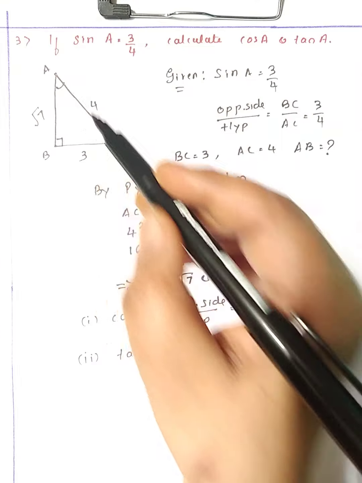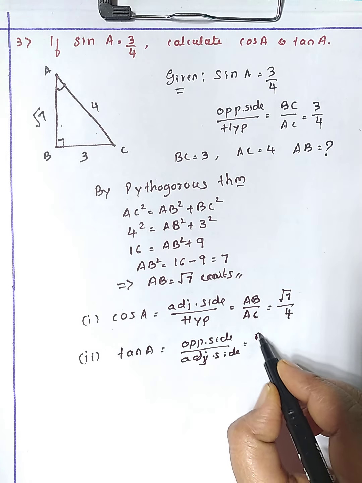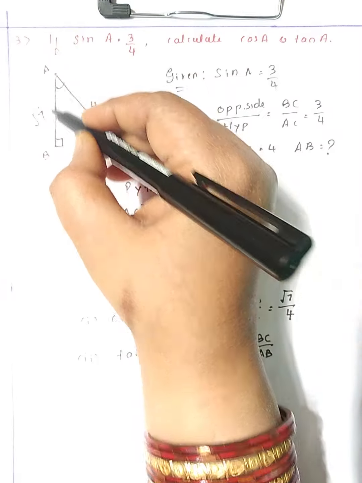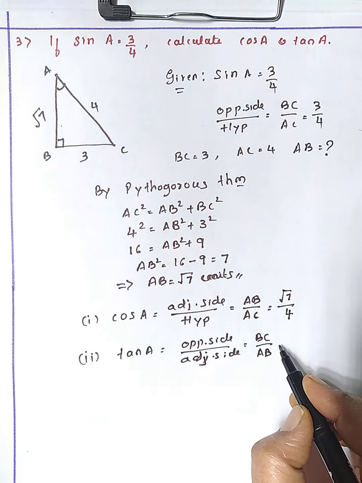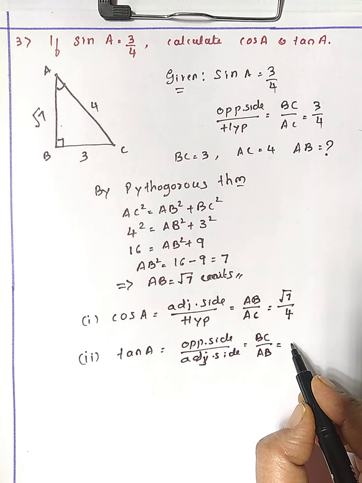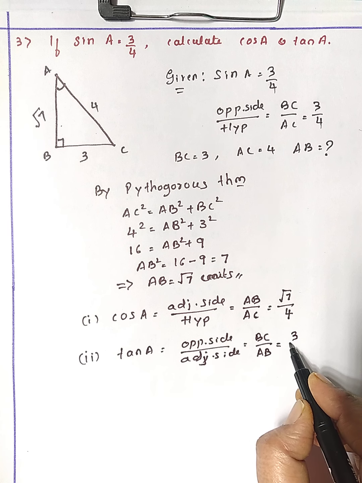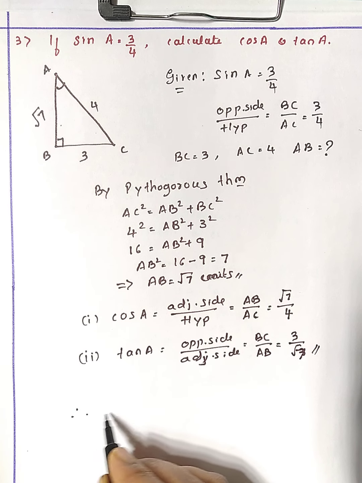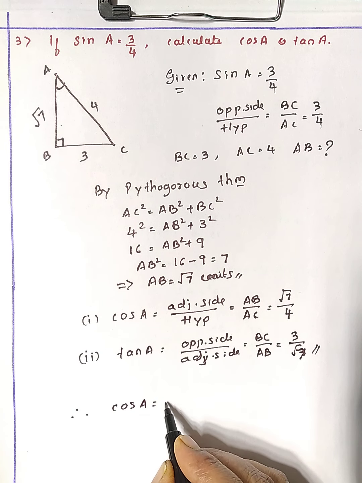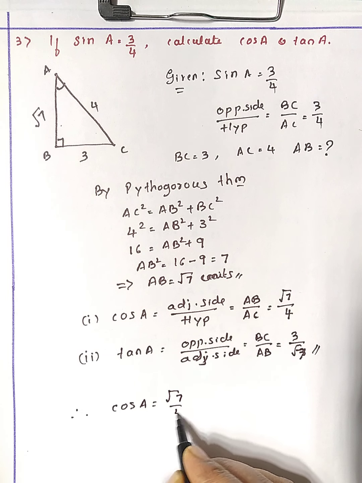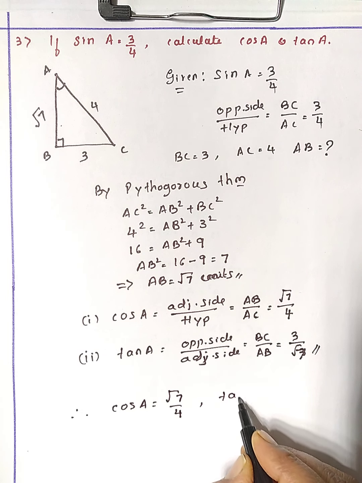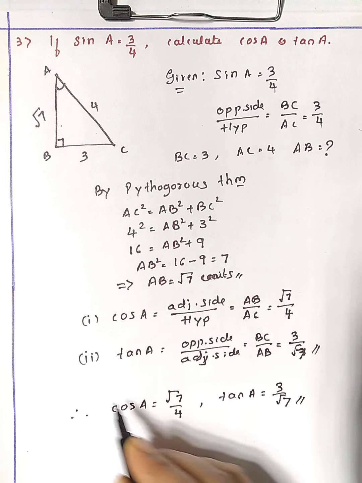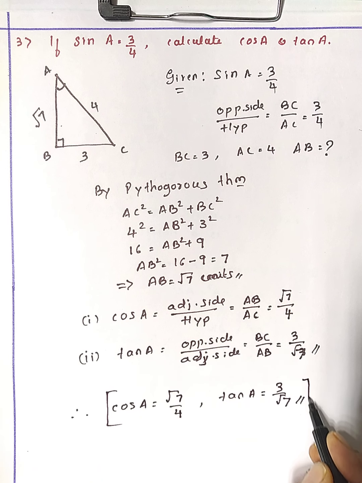For tan A, opposite is BC and adjacent is AB. BC is 3 and AB is root 7. This is the answer. Therefore, cos A equal to root 7 by 4 and tan A equal to 3 by root 7. This is the answer.